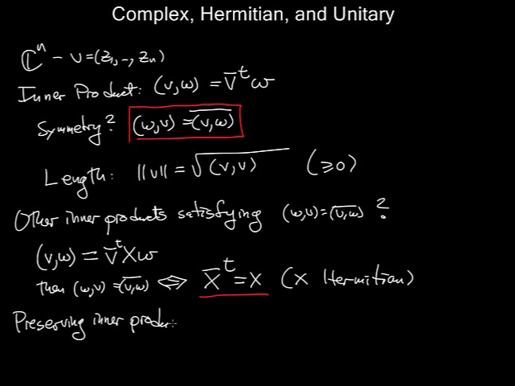Okay, and going on now, what about matrices which preserve an inner product, the basic inner product V transpose bar W? Well, we write UV UW. If that's equal to VW, what does that mean? What kind of condition on U does that impose?